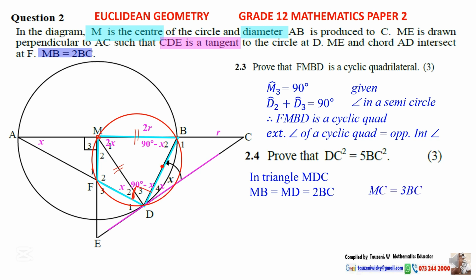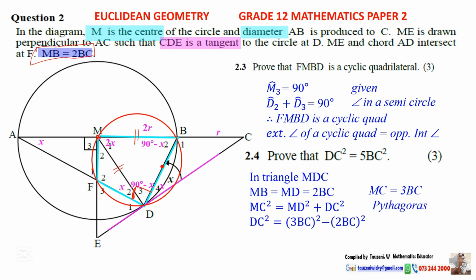And we are also making use of this relationship here: MB is equal to 2 times BC. Then we can do substitution. The value from M to C is equal to 3 times BC. So if you make this one x, then this one will be 2x. And that means MC squared is equal to MD squared plus DC squared.